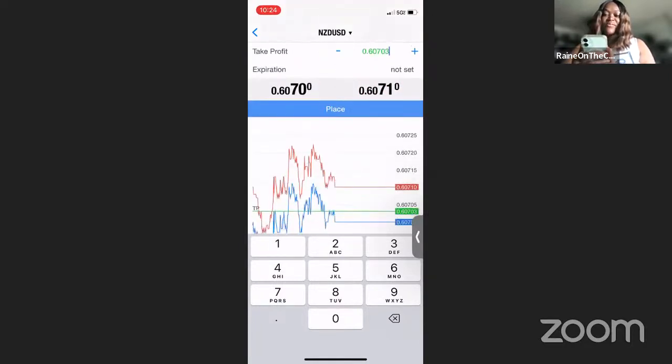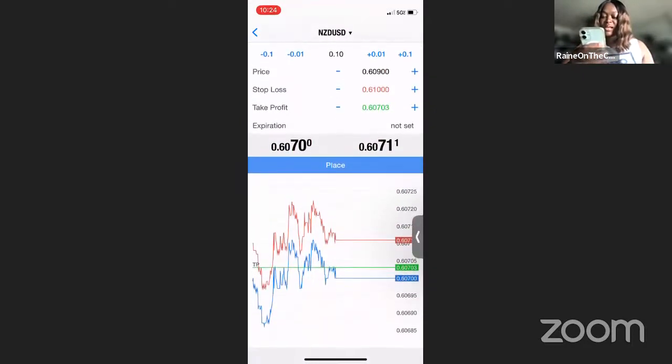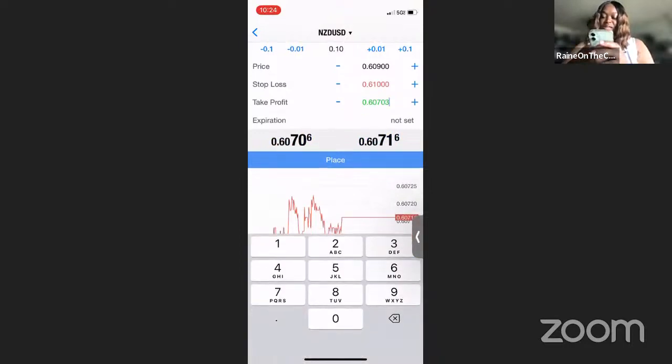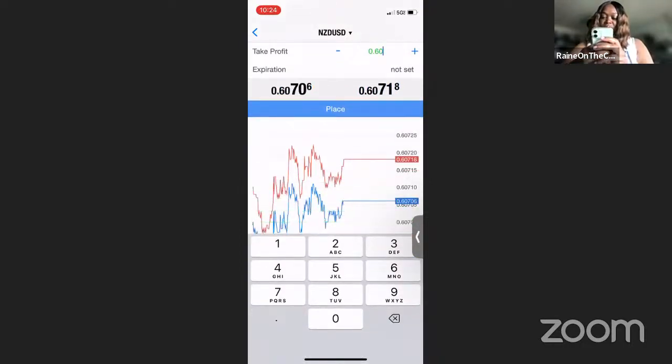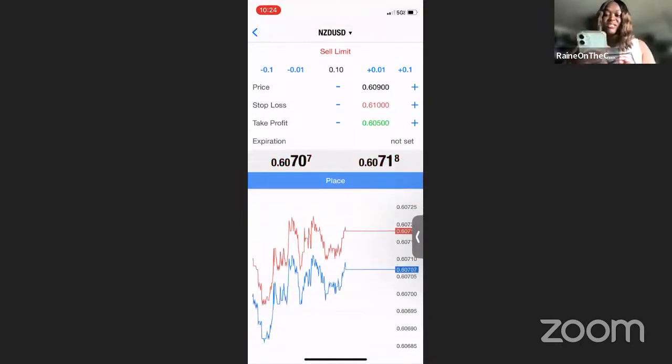And then take profit will need to be below what we have going on here. So let's say our take profit can be 0.605. We have all the parameters in.